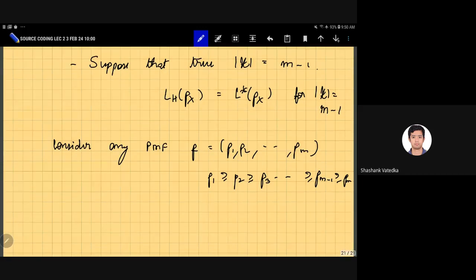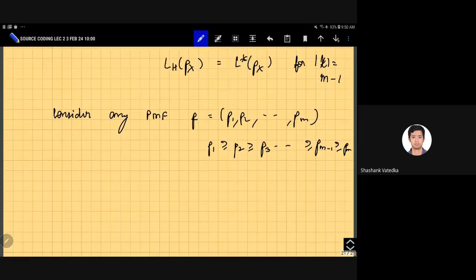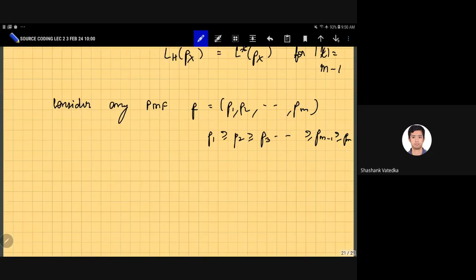Okay, so this is the case. Now if I merge the last two symbols, I get another probability distribution, which I call P prime.